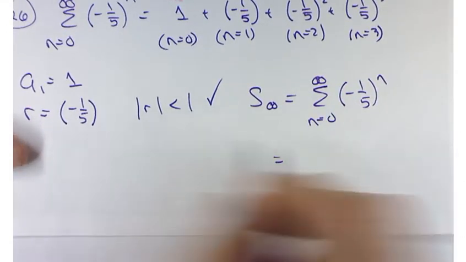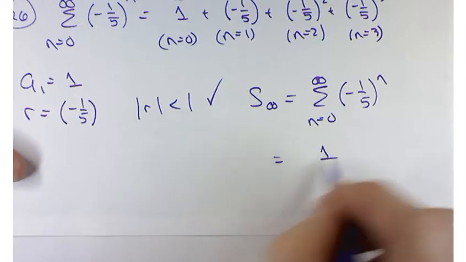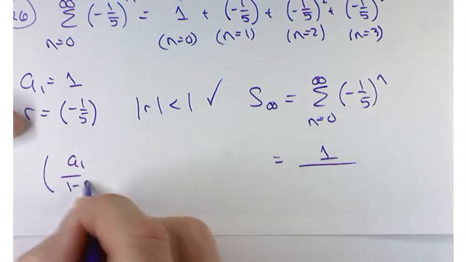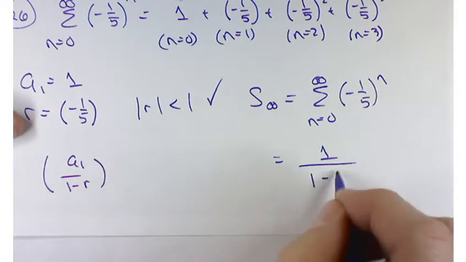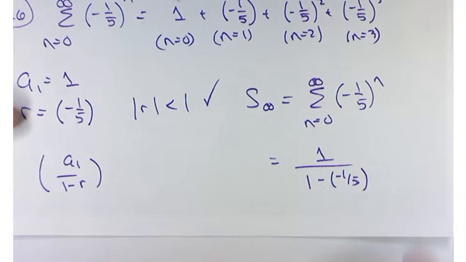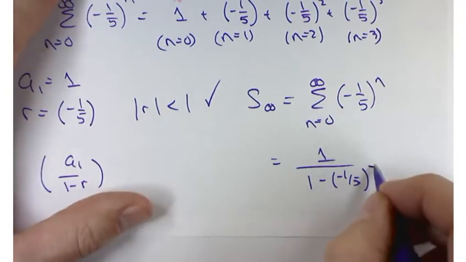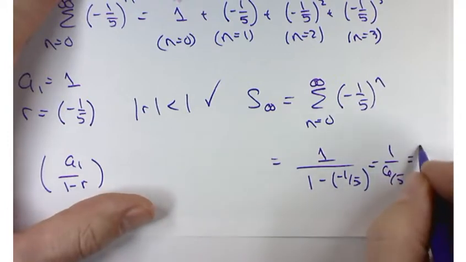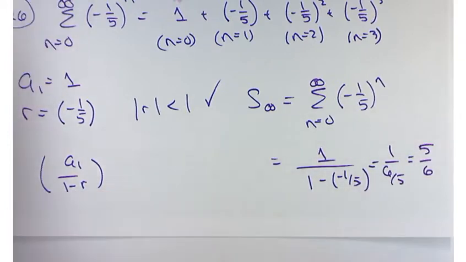That's going to be a sub 1, which is 1, over 1 minus r, over 1 minus negative 1/5. So that's going to be 1 over 6/5, which is 5 over 6. So that's your infinite series. That's your total.